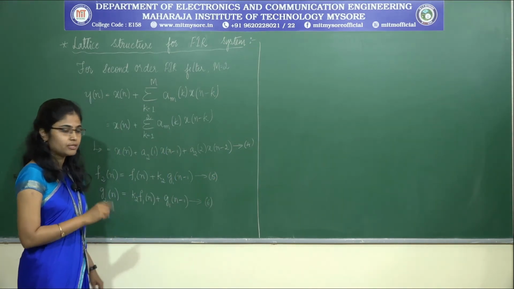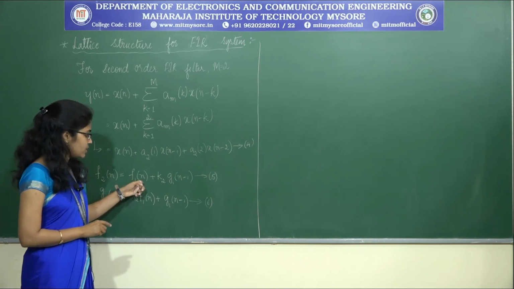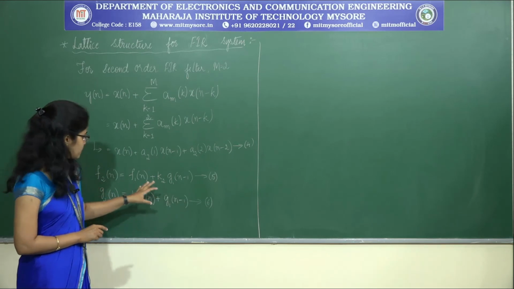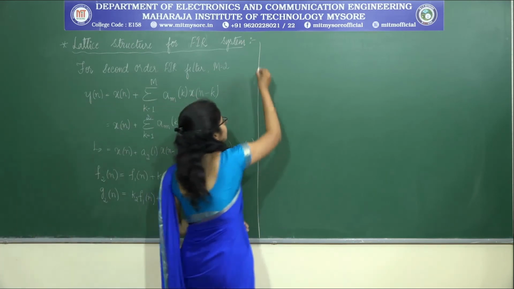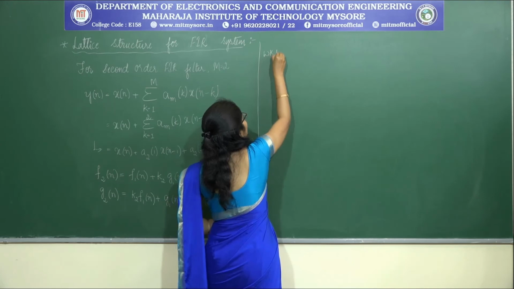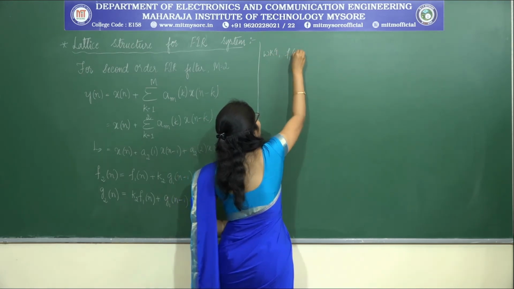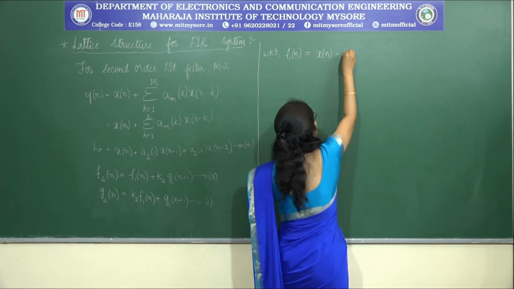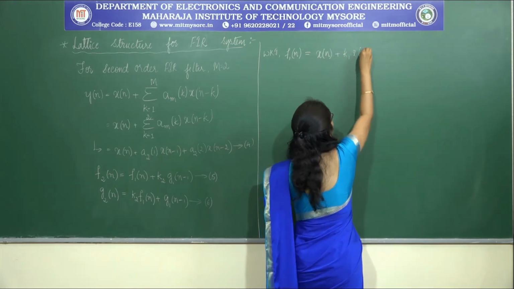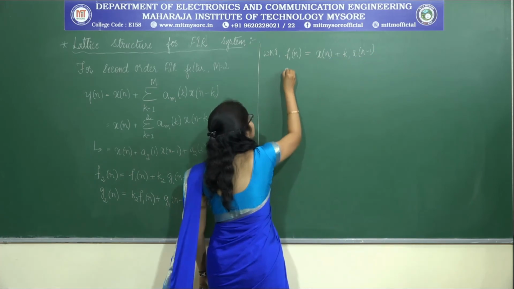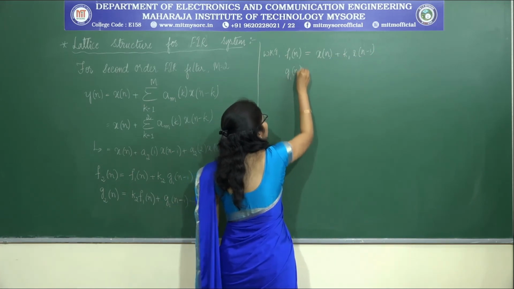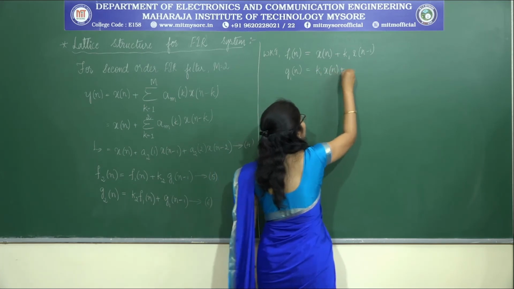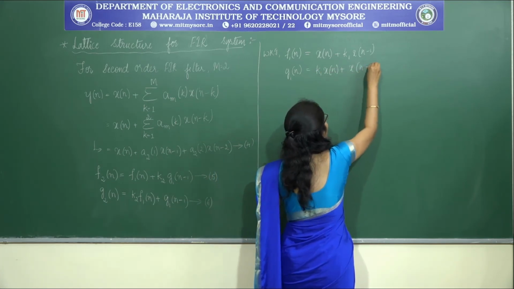From the first order filter we know what is f1 of n and what is g1 of n minus 1. So let us substitute in this equation. We know that f1 of n is equal to x of n plus k1 into x of n minus 1 and g1 of n was equal to k1 into x of n plus x of n minus 1.